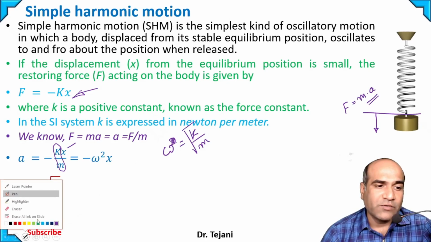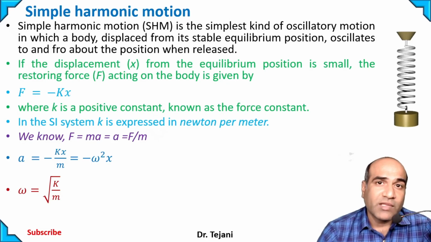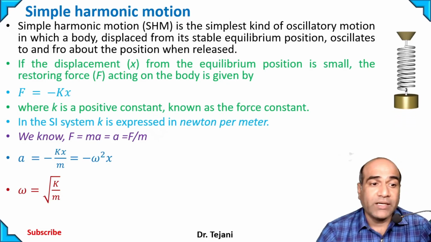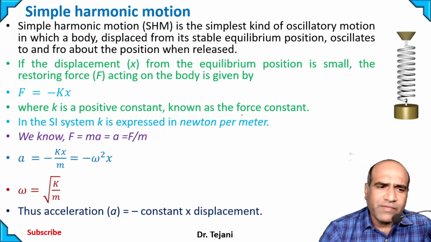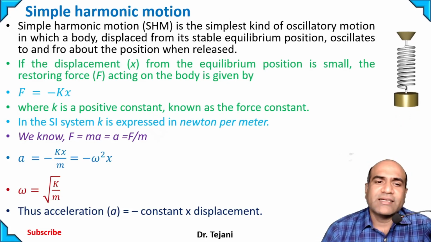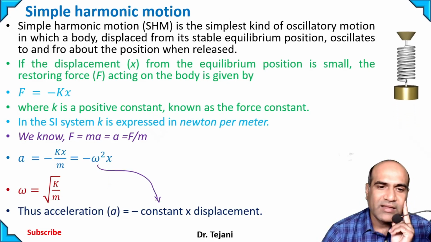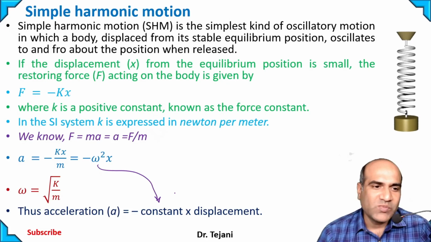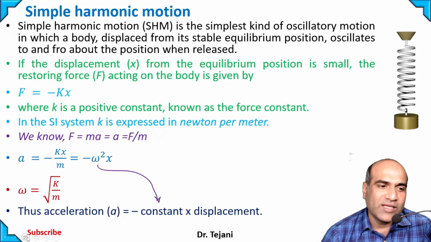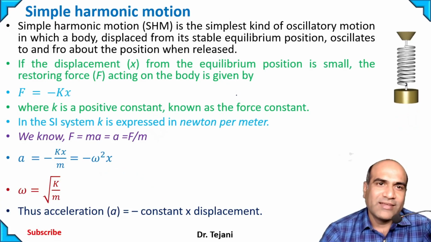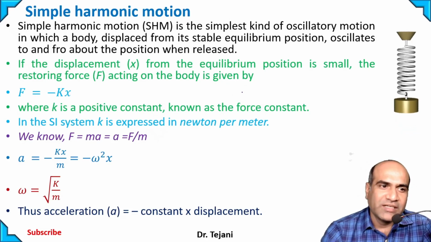Omega is the angular frequency of the system. Therefore acceleration is equal to minus omega square multiplied by displacement. So that is a basic equation of simple harmonic motion.